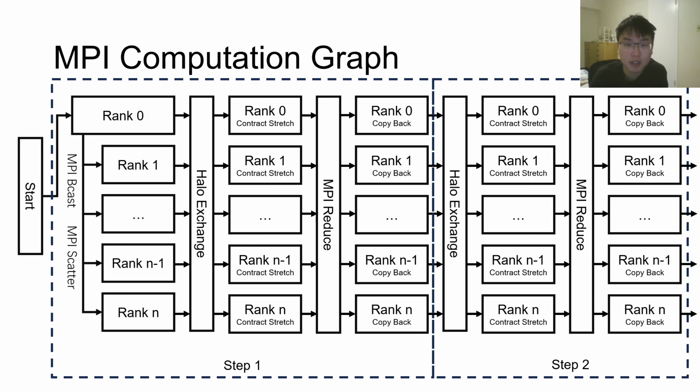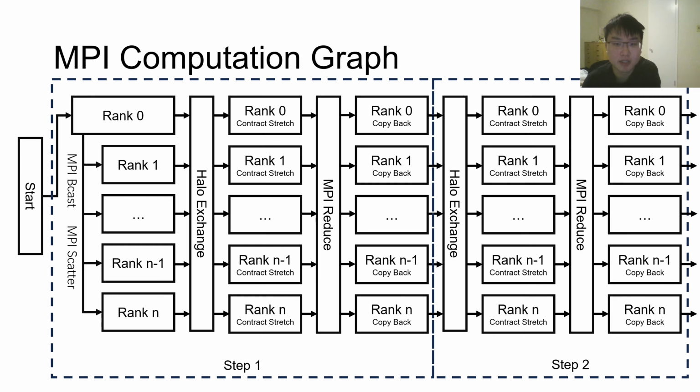The halo exchange nodes are connected across neighbor ranks, and in the graph we just connect them to all of the ranks to keep the graph simple. And because the MPI send receive couples their boundary rows, all local compute nodes must wait for the send receive to finish. All the local compute nodes in the same step feed into a single reduce node that represents the MPI reduce add on the difference.